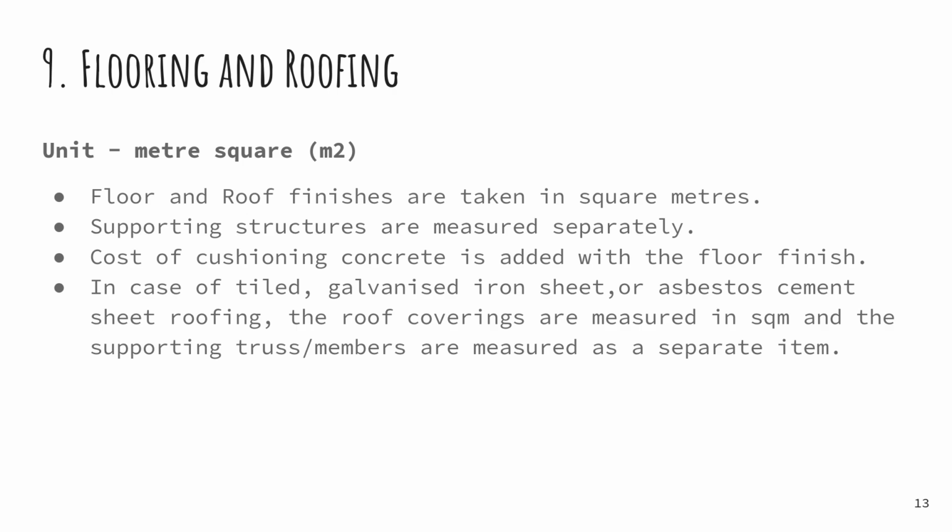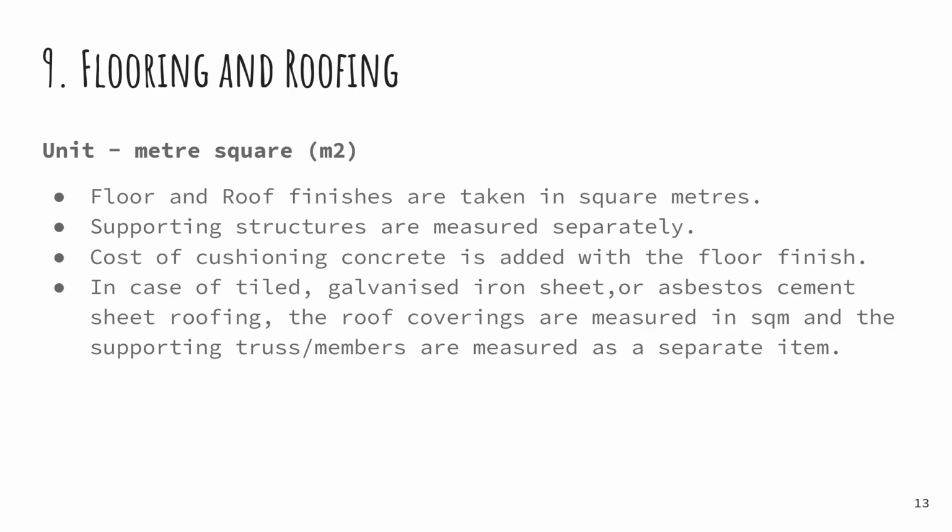So imagine if you have a concrete floor. You have completed the pouring of concrete of a particular slab, and over that you are going to construct a floor finish. Okay, so the concrete floor, which actually is the structure over which you are going to provide the floor finish, that is called the supporting structure.